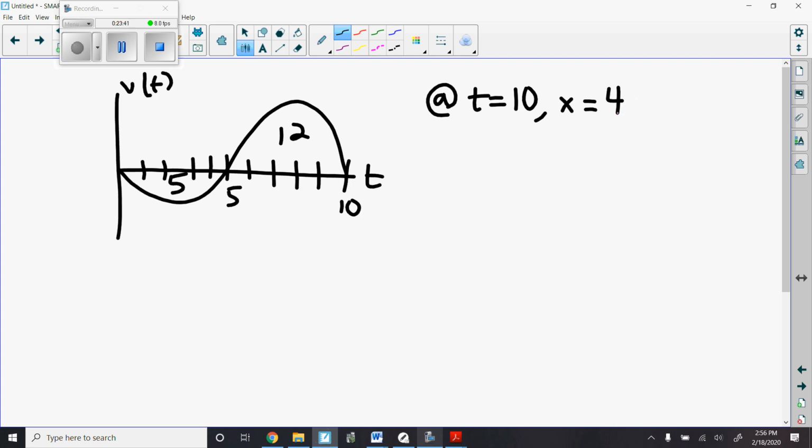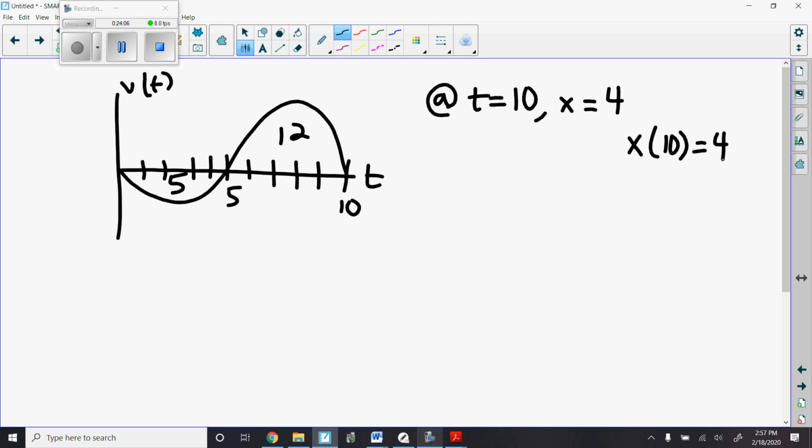So at t equals 10, x equals 4. What we need to be careful about here is that is an initial condition, but it's not my initial position. It's actually my final position here. So again, what I know here is x of 10 equals 4. That's the point I have.